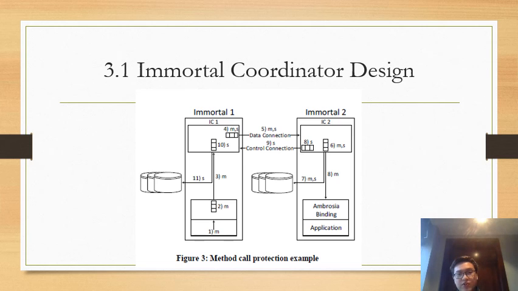To finish a method call, the first step is that the application makes a call. The method call made in the application is passed to the language binding, as shown in step 1.